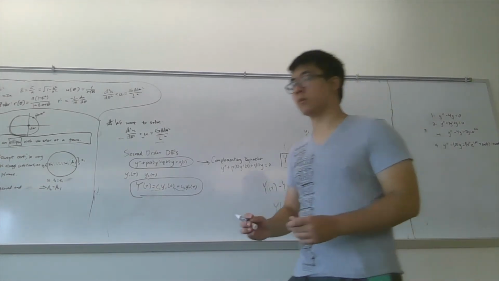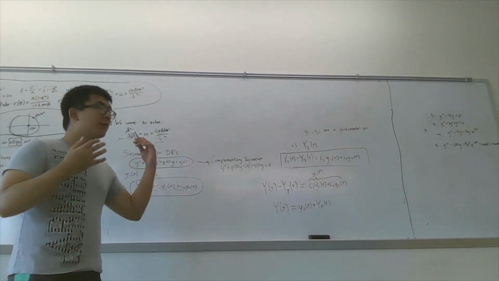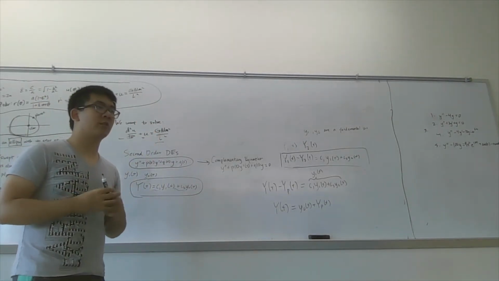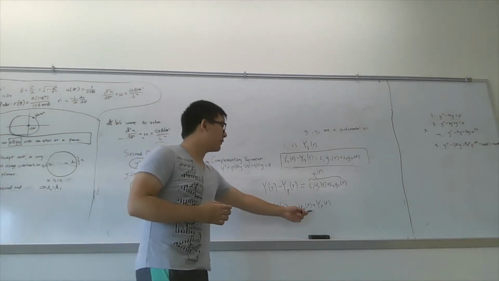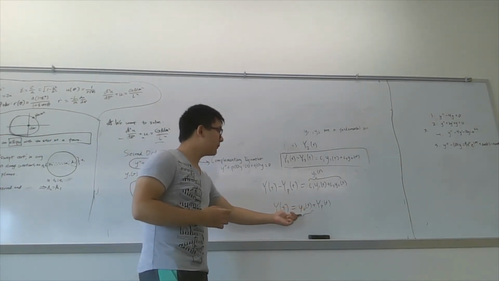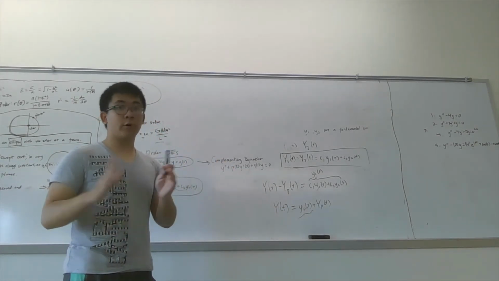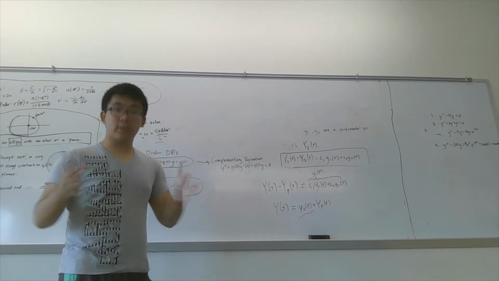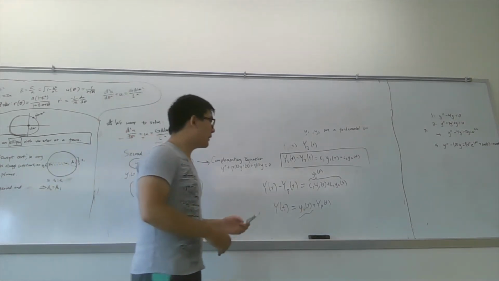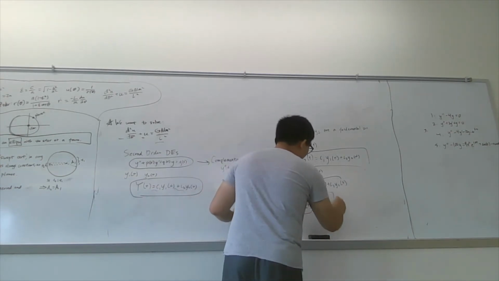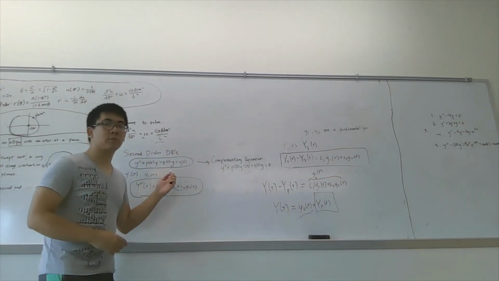This is really good, because what this tells us is that in order to find a general solution to our non-homogeneous differential equation, we just need to find the general solution of the corresponding complementary equation, and that's not hard. We'll show later that we can do that. Usually we can do it quite easily, and then we need to find a particular solution for our non-homogeneous differential equation.